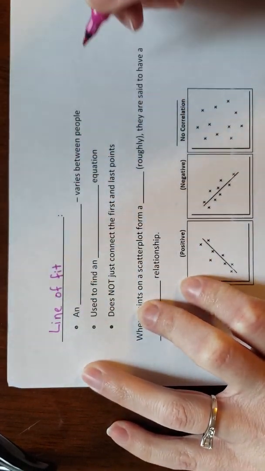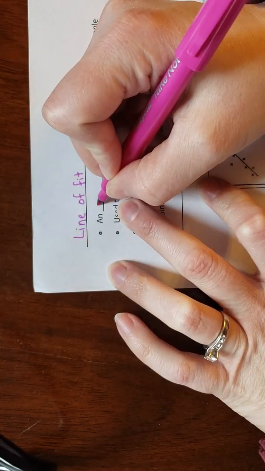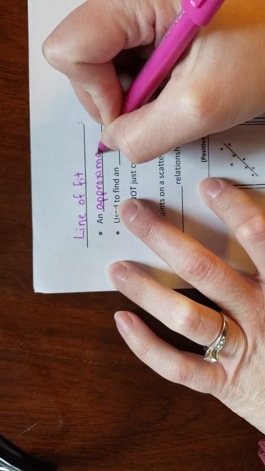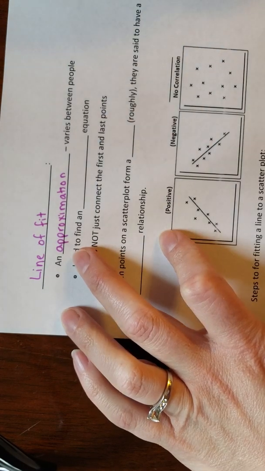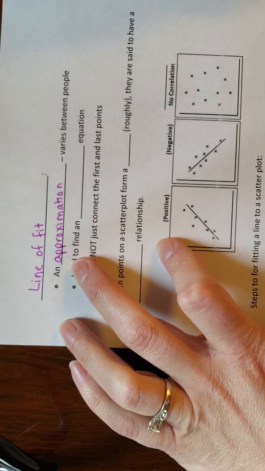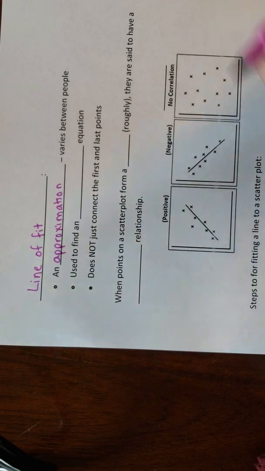Line of fit. Okay. This is an approximation. It's subjective. So my line of fit will probably be different than yours, which would be different than another student's. Now they should be related, they should be similar, but there may be some variation between us.